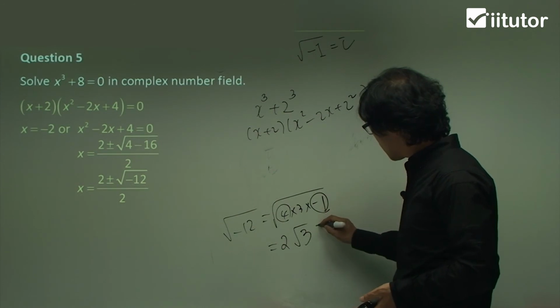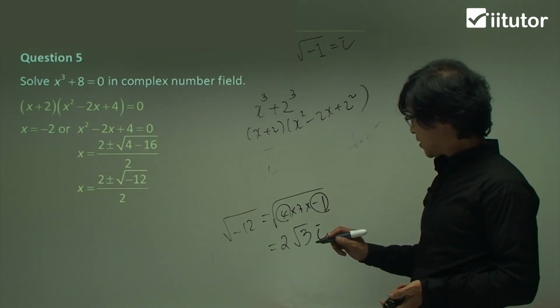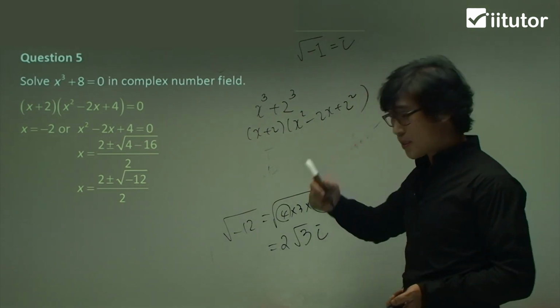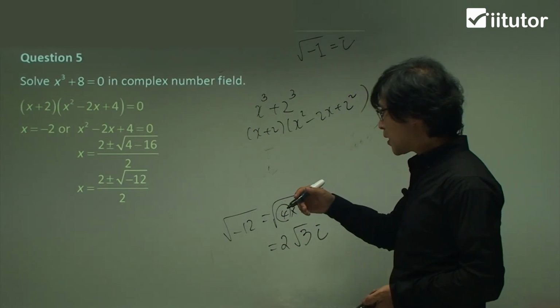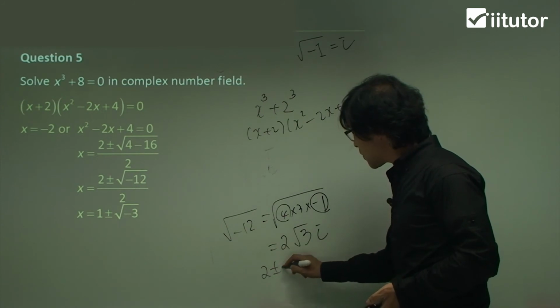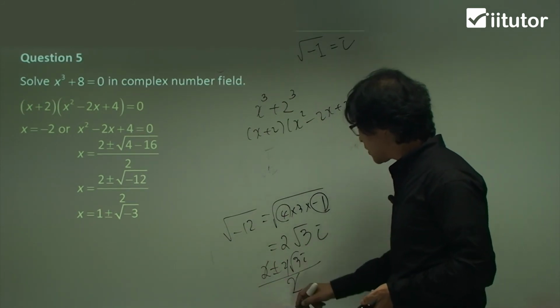This will become i. You guys getting used to this formula? Okay, it's not hard. And then 2, yeah, we can cancel it. So it is 2 plus minus 2 root 3 i, divided by 2. We can cancel, like this.